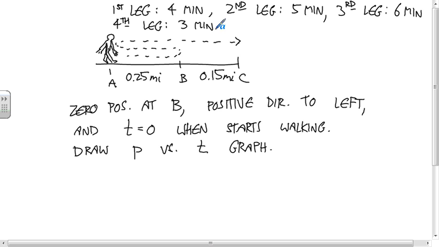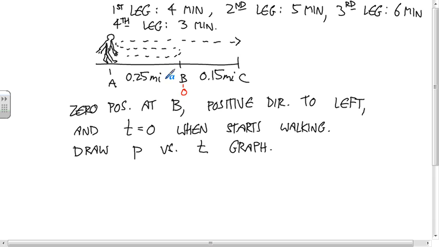So now what you should do is once you choose the zero position and the positive direction, you can associate position values with all these points. So if the 0 position is at B, then the value at B is 0, right? That's the definition you made.